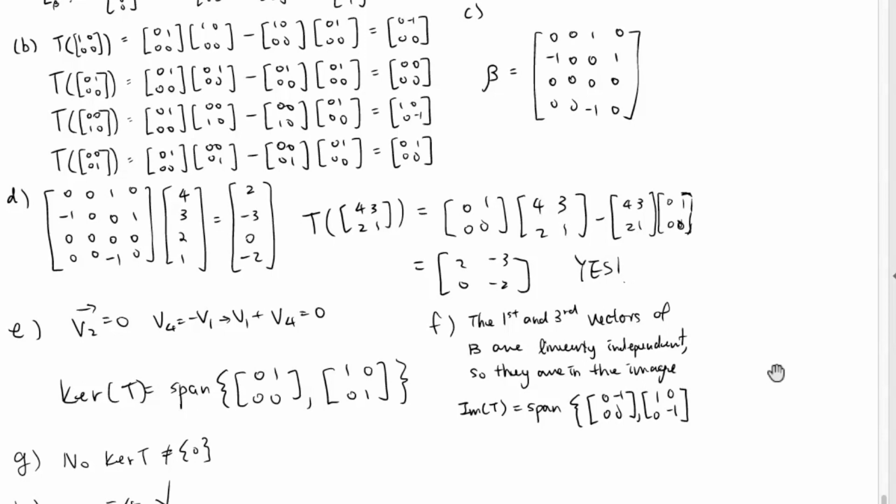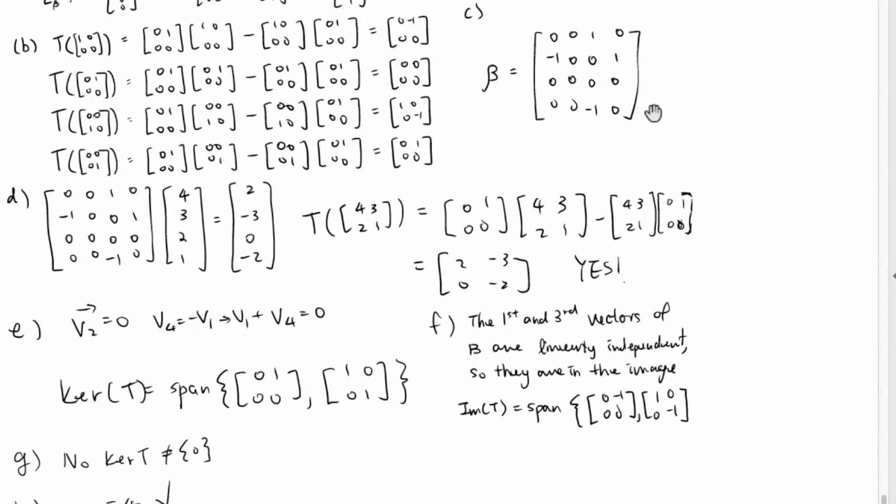Question E is to find the kernel of the transformation. So let's look at matrix B. Here we can just observe matrix B and find what the kernel is. We can see that if I have vector 0, 1, 0, 0, I'm going to get the 0 vector, so that's an element of the kernel.